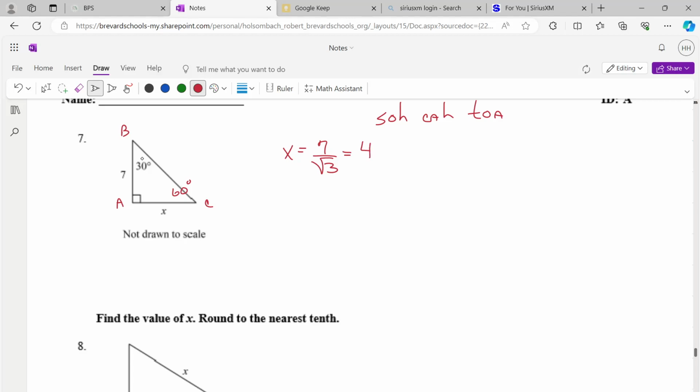The other way you can do it is using a trig ratio. We've got opposite and adjacent again. Opposite and adjacent is tangent, so you could say that tan 30 equals x over 7.